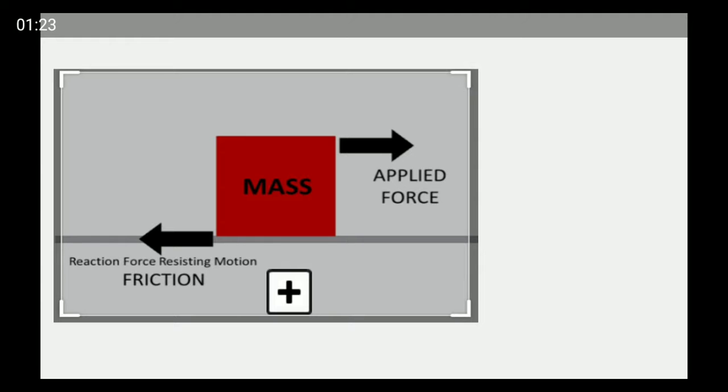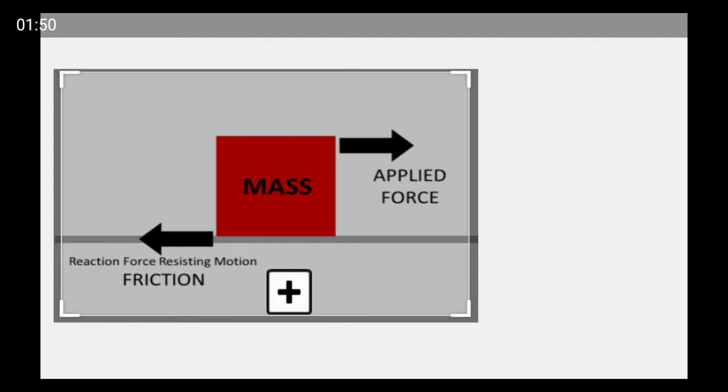The force which always acts between two surfaces in contact and opposes the motion of one surface over the other, or we can say their relative motion, is called friction.